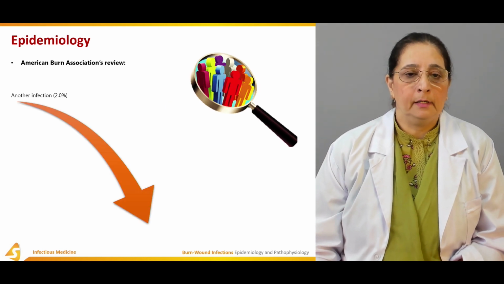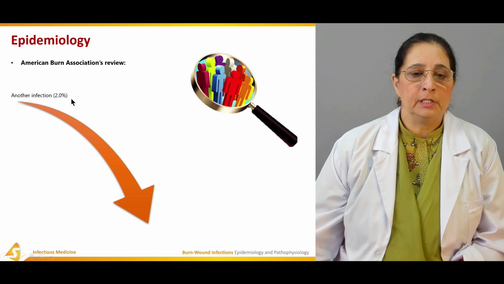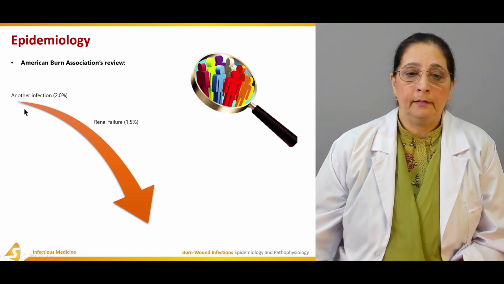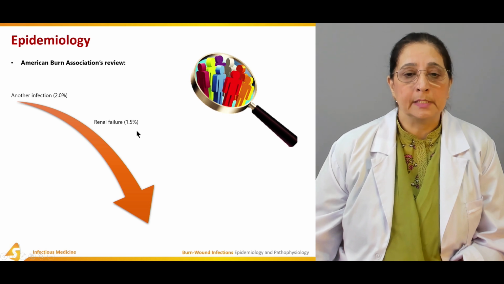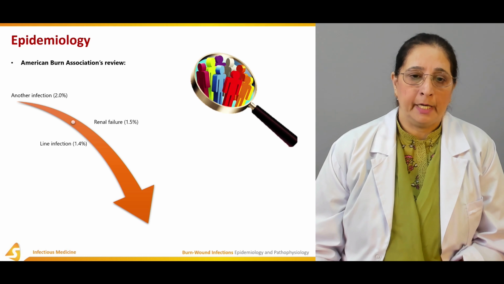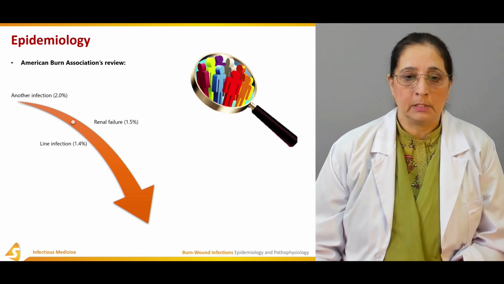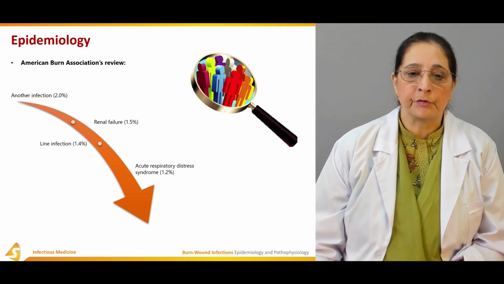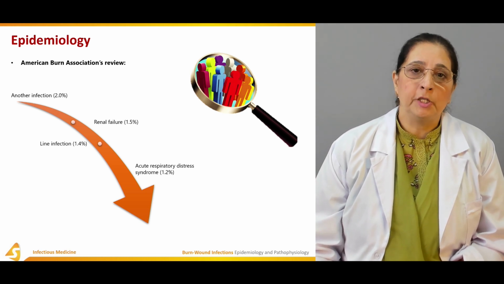Also, some other infections are 2%. Renal failure in 1.5% of cases. Line infection in 1.4% of the patients. Acute respiratory distress syndrome, 1.2%.